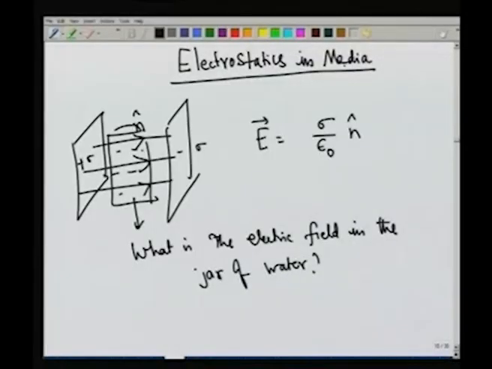So now you see I am using many words, like metal, like superconductor. So in short, the question that we are asking is, how do different materials respond to external electric fields, and how do they modify, because of that response, the field within and the field without? That goes by the subject matter of electrostatics in media.